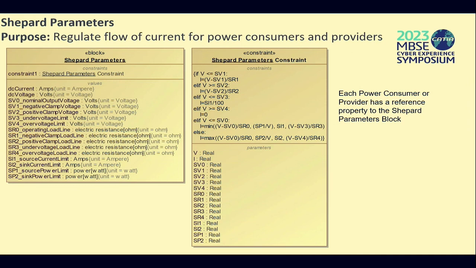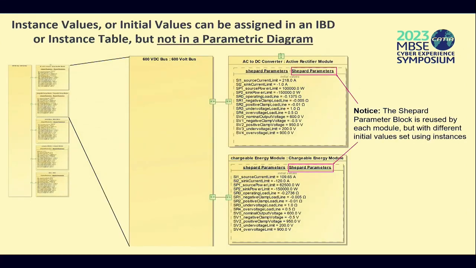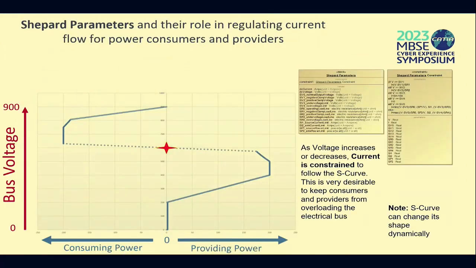And what happens is every time the delta t occurs, every time step in this model, that is recalculated for every power consumer. And what it does is it causes those consumers to limit their current to following this S-curve.